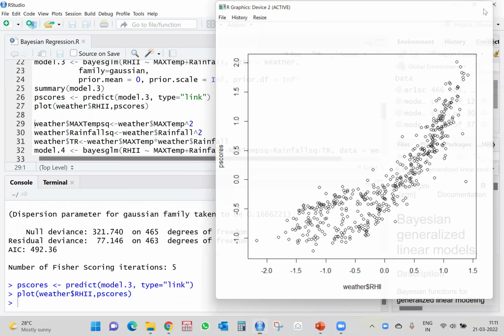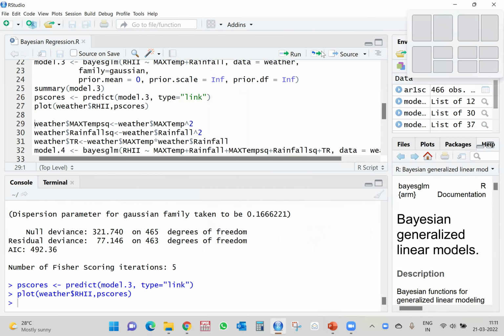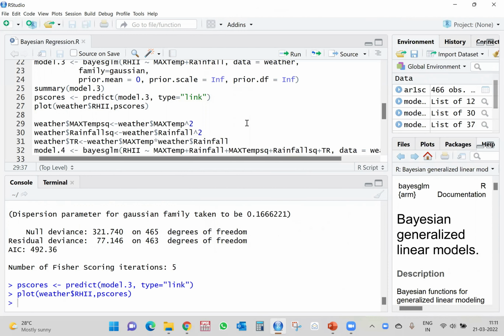So let us try to correct for that. Most probably a quadratic model would be better to describe the relation between rainfall and the temperature with humidity.